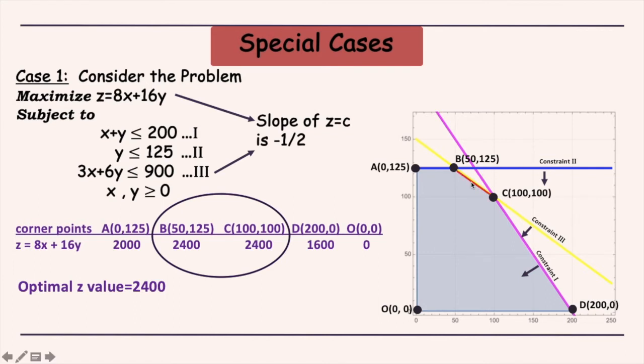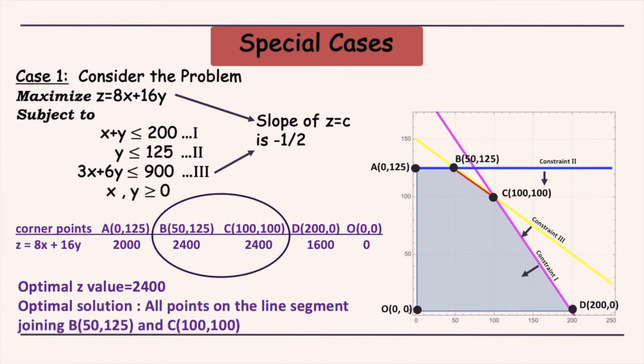So if we take the objective function value as 2400, the graph of the objective function is going to coincide with this yellow line along this red line, and so the maximum value 2400 is not only attainable at the points B and C, but it is also attained at all points on the line segment joining B and C. So for this problem, we would say that the optimal z value is 2400 and it is attained at all points on the line segment joining the corner point B and the corner point C. So this problem is a case of having multiple optimal solutions.